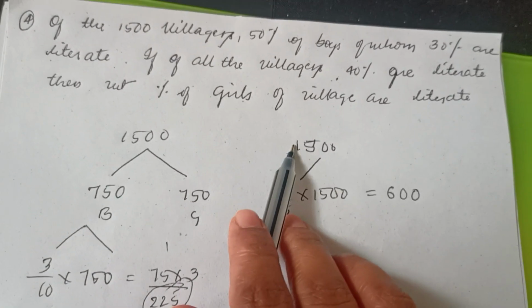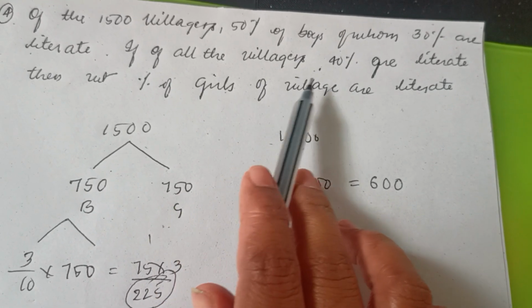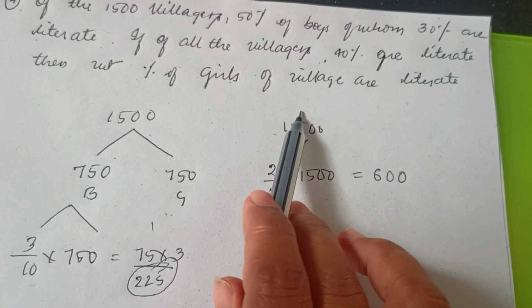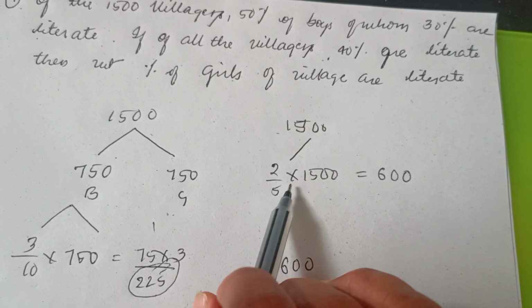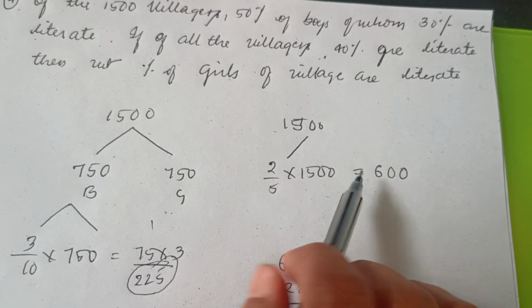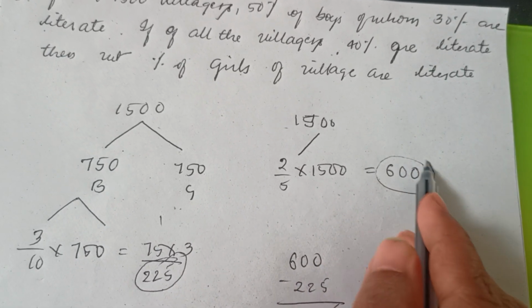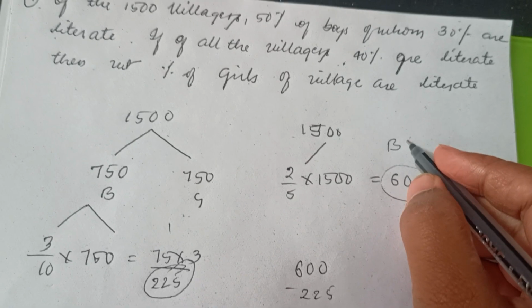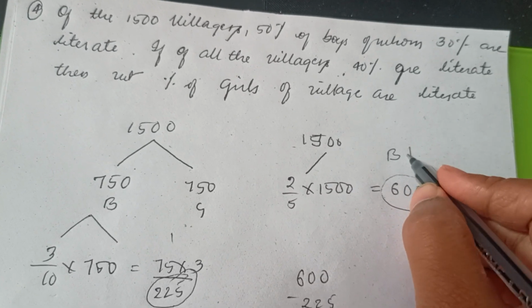Okay, and also they have mentioned that 40% of the total number of villagers are literate, that is 2 by 5th of 1500, which is 600 literates. So the total number of literate villagers includes both male and female, that is boys and girls.